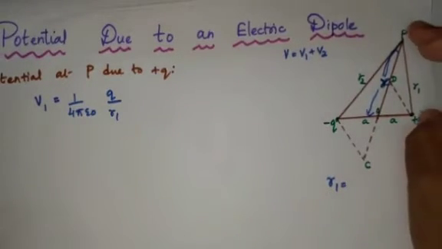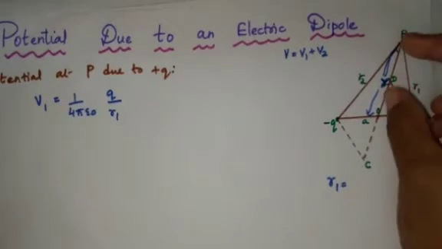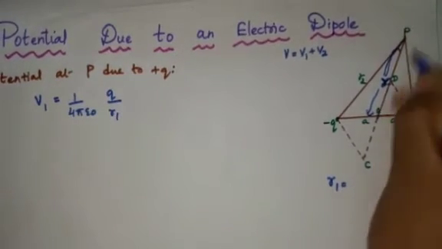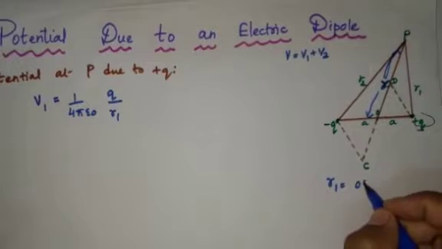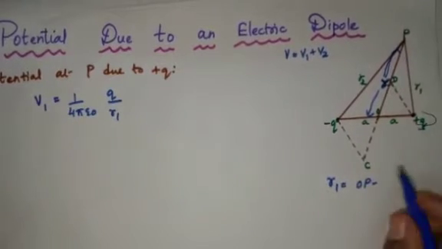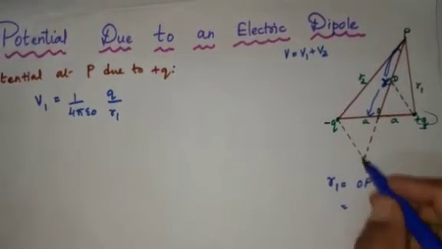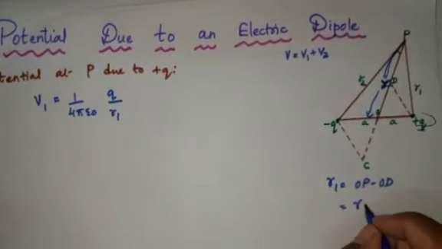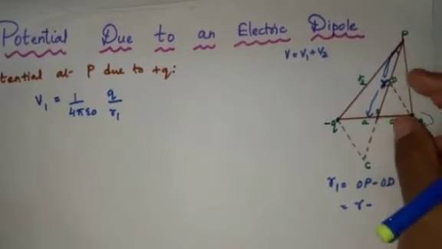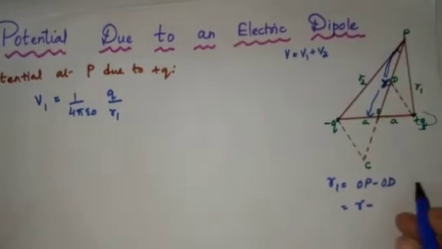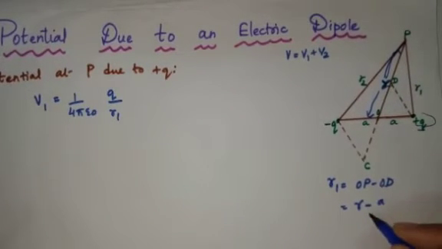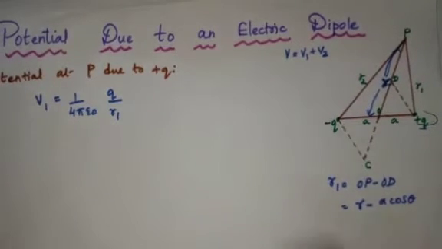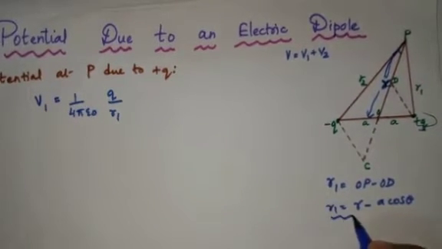So r1 is equal to OP minus OD. OP is r, so r minus OD, and OD I told you is a cos theta. So r minus a cos theta.